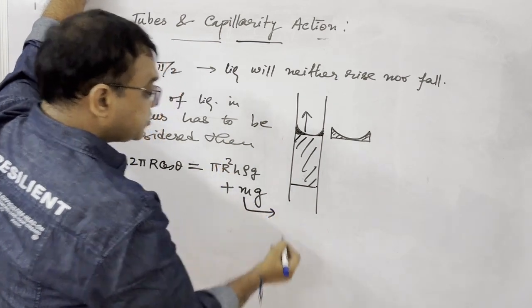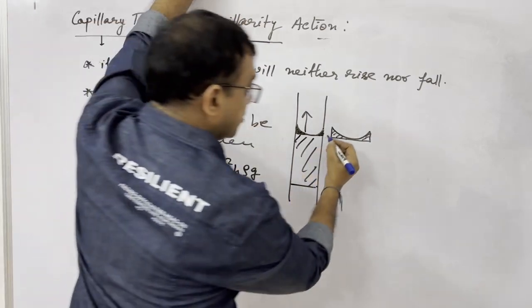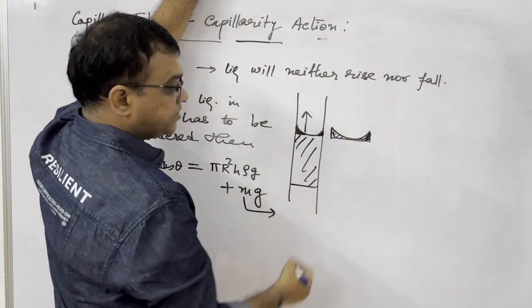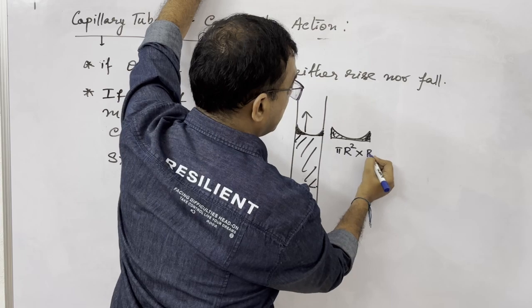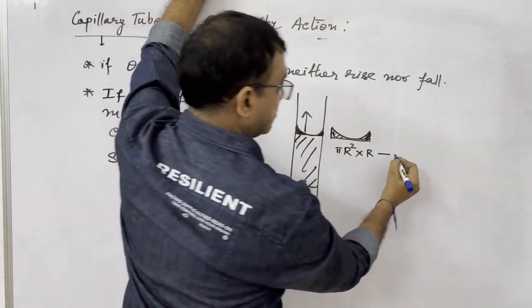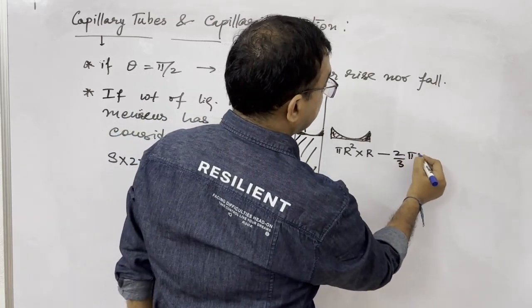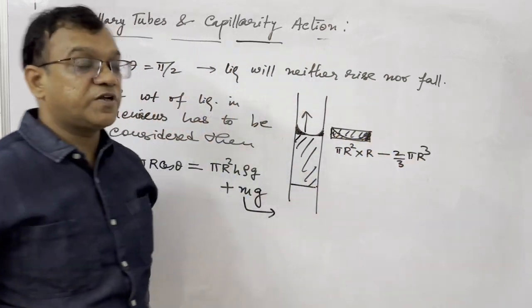Sometimes people assume this is a hemispherical shape, so this volume they take as pi r square into r minus 2 by 3 pi r cube. This is considered as hemispherical.